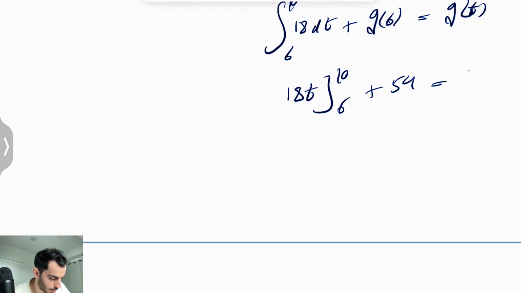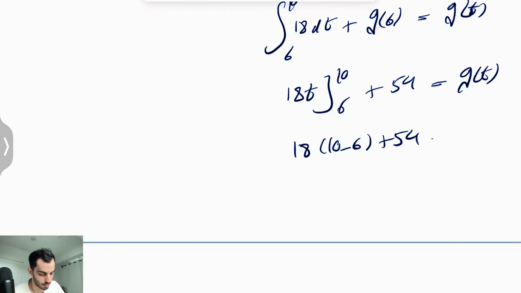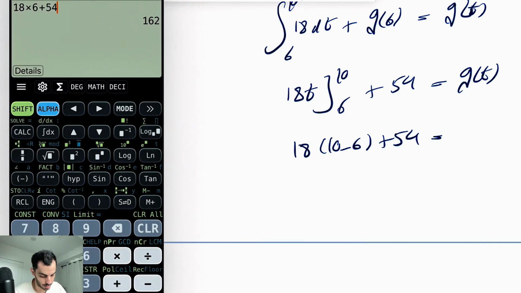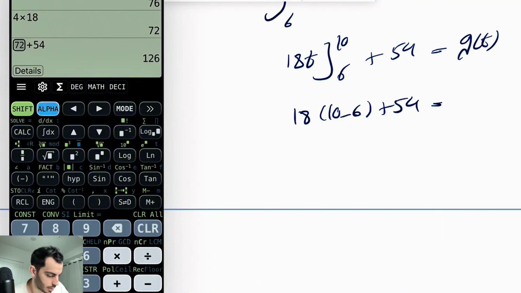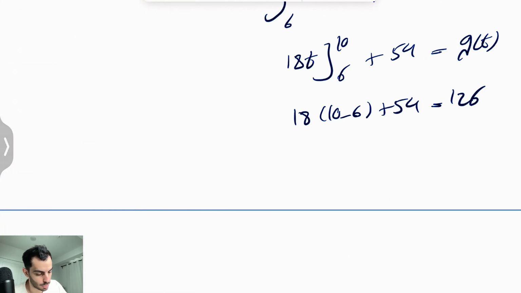So we just have to put 10 minus 6 plus 54. Let's see what we get. Basically 4 times 18 plus 54 is going to give us 126. This is going to be our starting point of the next interval.